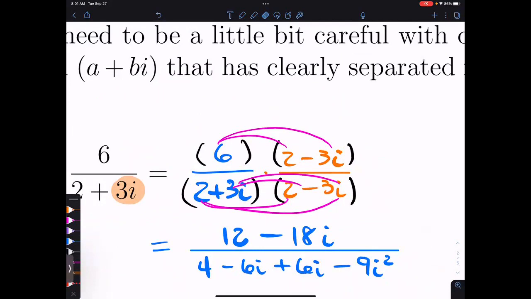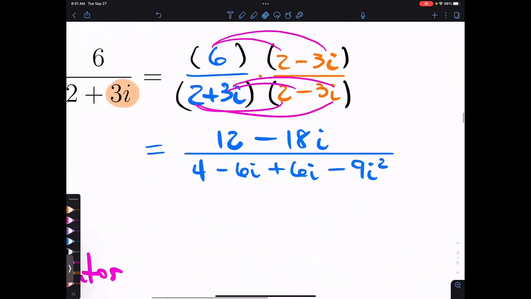So we did the multiplication. You've got 12 minus 18i over all of that. And what happens? Minus 6i plus 6i cancels, right? That's 0. What else? There's an i squared, right? i squared is the same thing as -1.